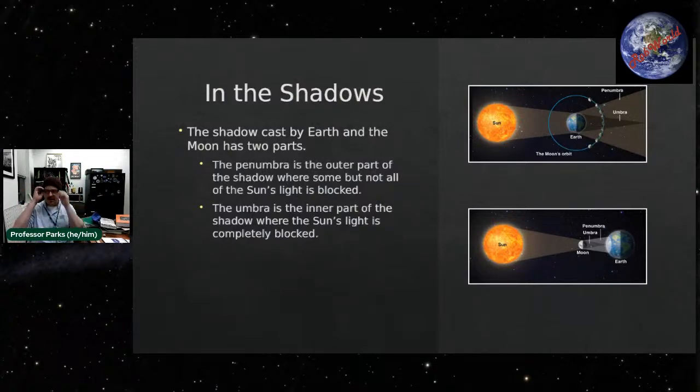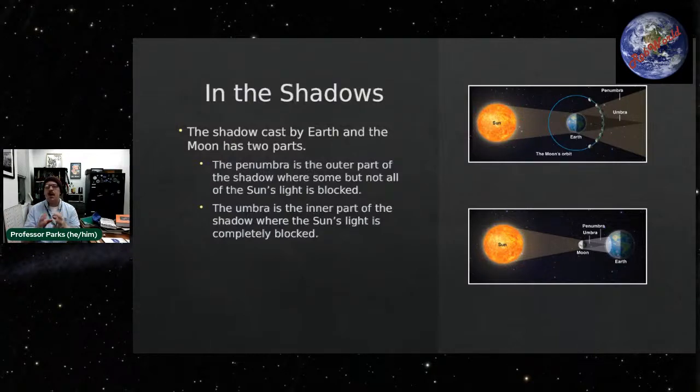If you look at this diagram on the left, you'll see on the top one that a shadow, particularly at these distances, you can kind of see this effect locally, but over large distances, a shadow is going to have two parts. The first part is called the umbra, and that is the darkest part of the shadow.